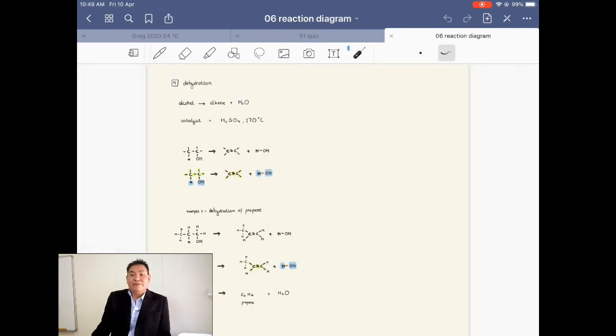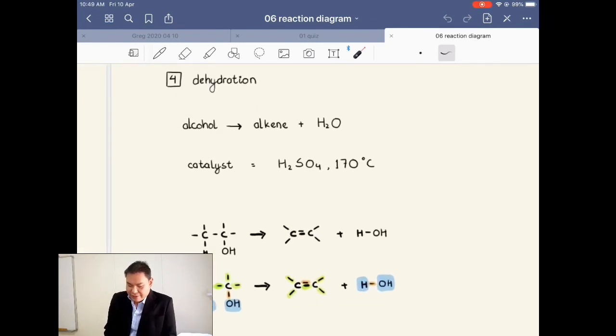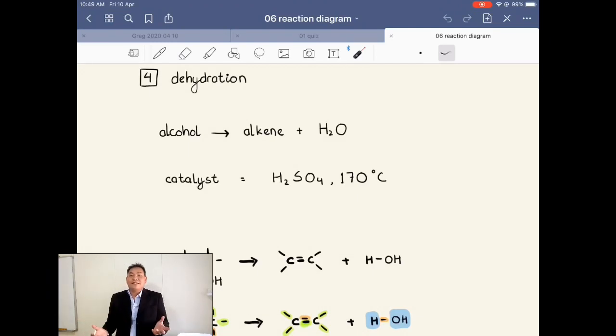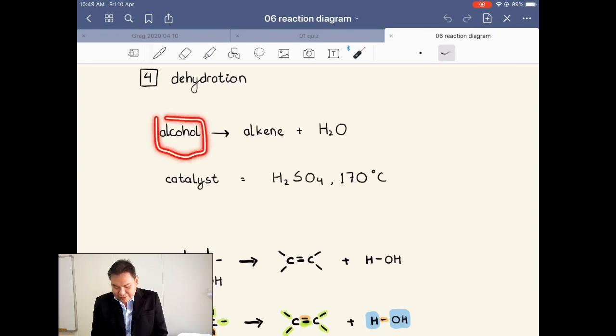The opposite of that reaction, where you can produce alkene from alcohol, that reaction is called dehydration. Dehydration means you are taking away water from the organic substance. You have alcohol, you convert it into alkene, and the byproduct is H2O.